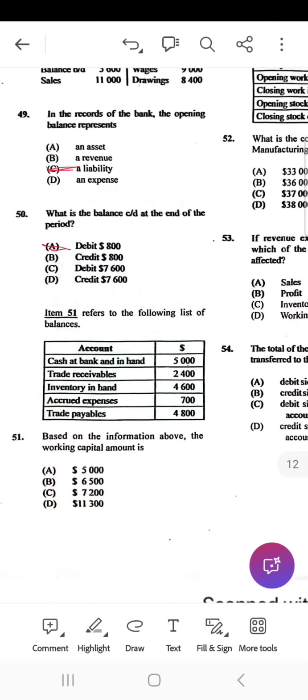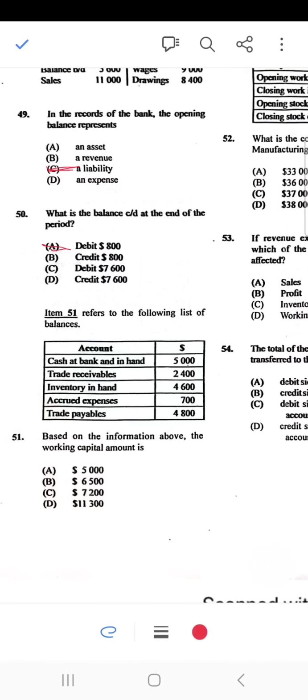My current liabilities would be my trade payables and my accrued expenses, which would be 5,500. 12,000 take away 5,500 will give me 6,500. So the answer is B. So again, I add up all my current assets, which gives me 12,000, and I minus my current liabilities, which gives me 5,500. 12,000 take away 5,500, 6,500.